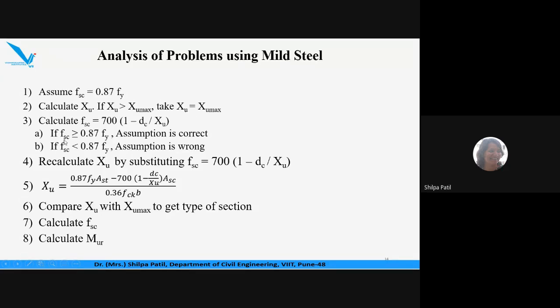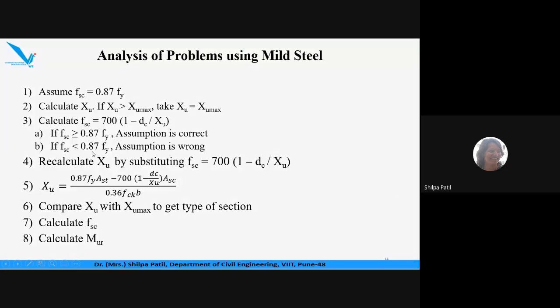In the same fashion, if your FSC value is coming greater than 0.87 FY, we have to consider the value equal to 0.87 FY, and that value we have to use in the analysis. So this is the comparative stage in which we are checking whether our assumption is correct or not. Initially, we have assumed it is equal to 0.87 FY. Suppose if its value is coming greater than 0.87 FY, we have to limit it to 0.87 FY. So the assumption is correct.